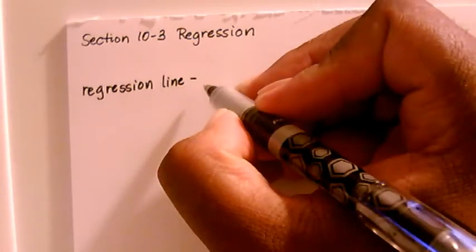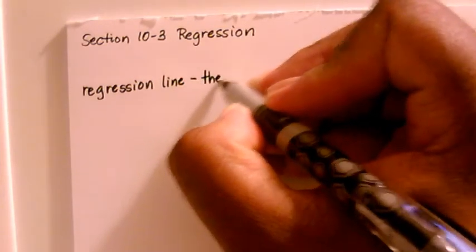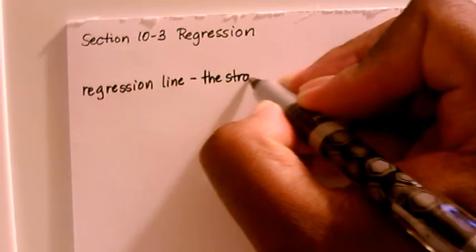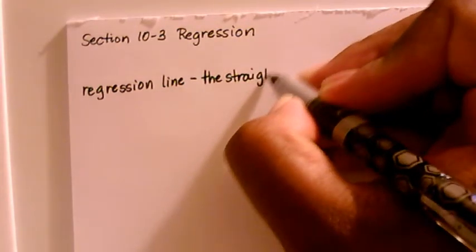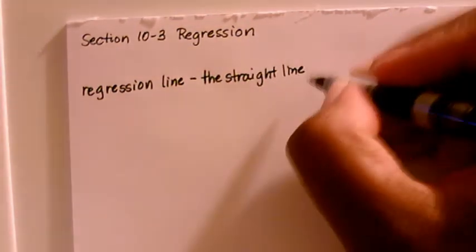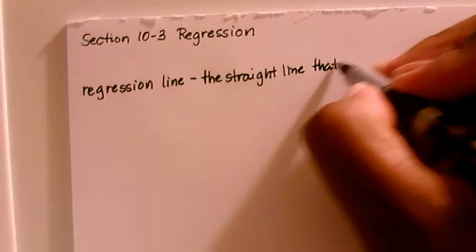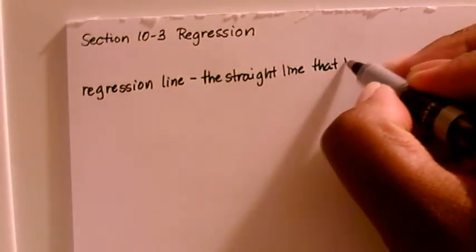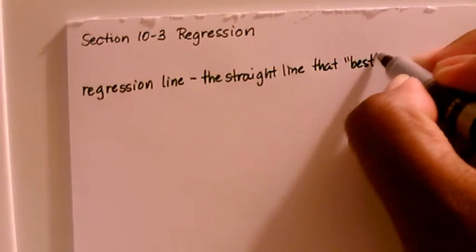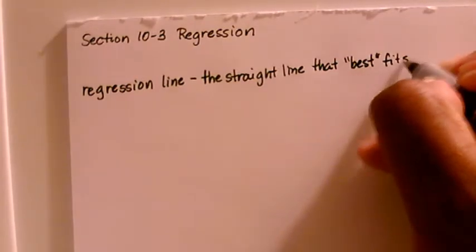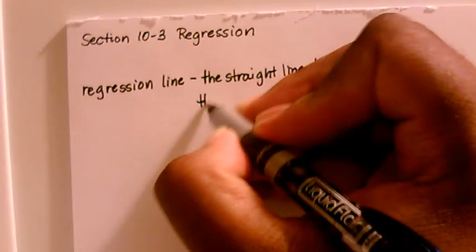Okay, the regression line is usually the straight line, and that straight line is the one that best fits the scatter plot of the data.